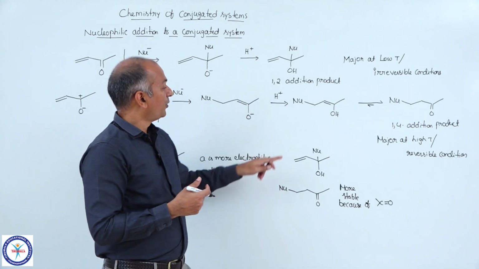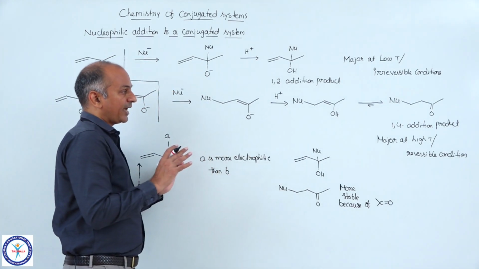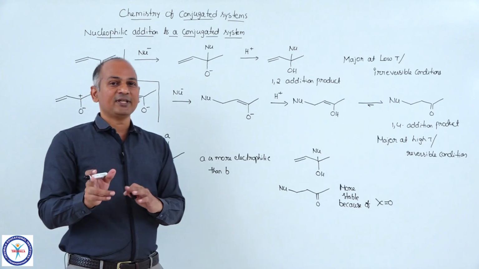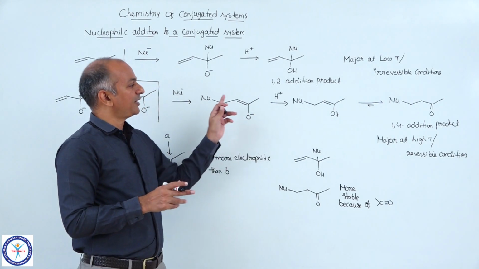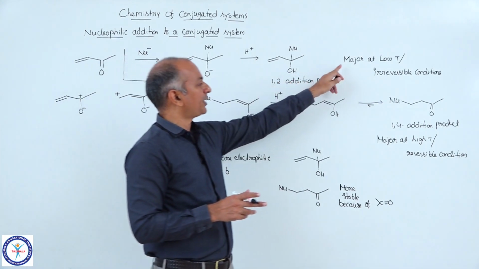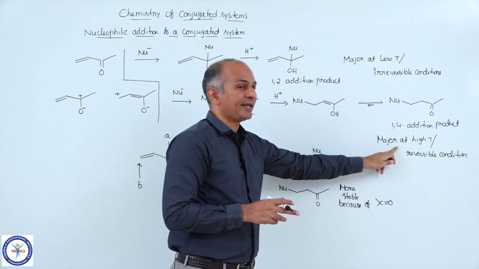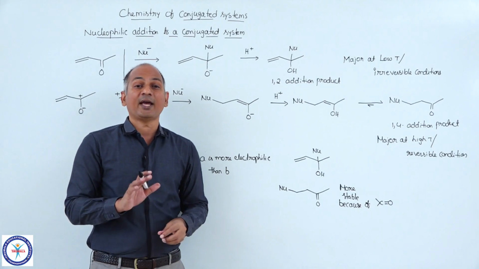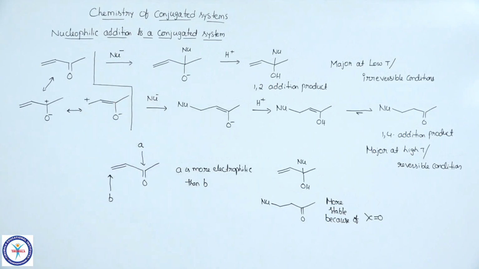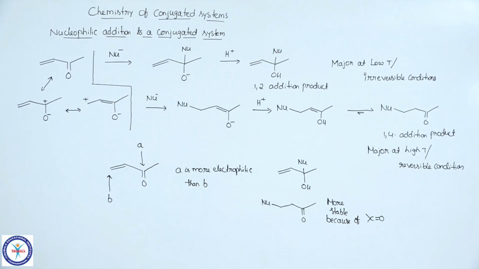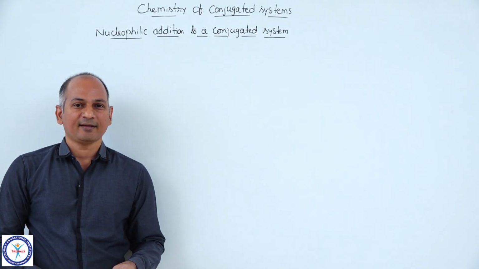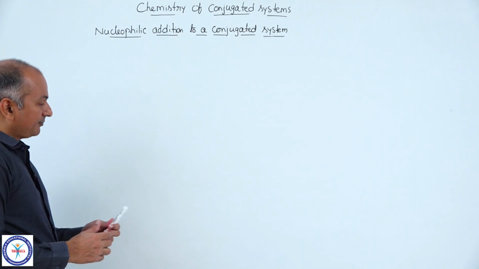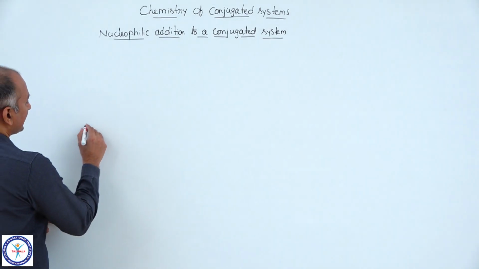Okay. Now, with an energy profile, similar to the previous topic, let me explain why this is measured at low temperature and why this is measured at high temperature. Let me explain all these things with the help of an energy profile. So let us see the energy profile. Actually, the energy profile is like this.